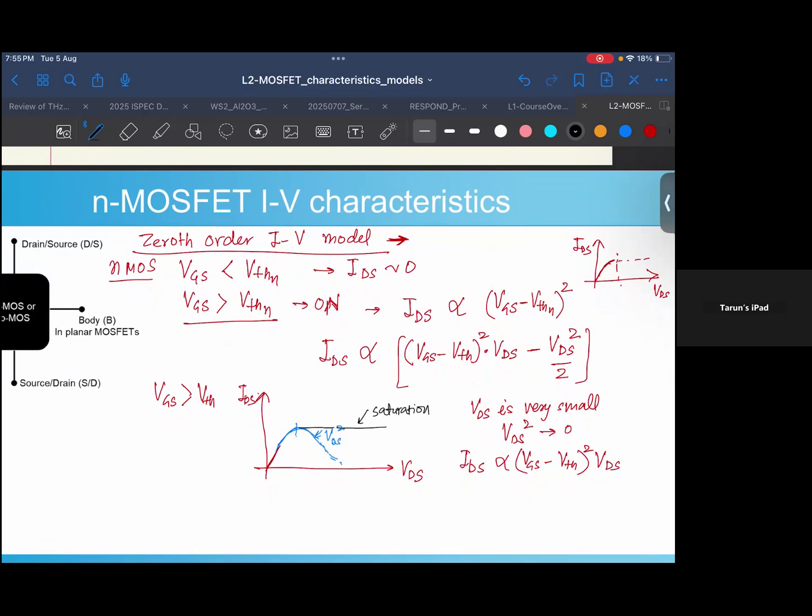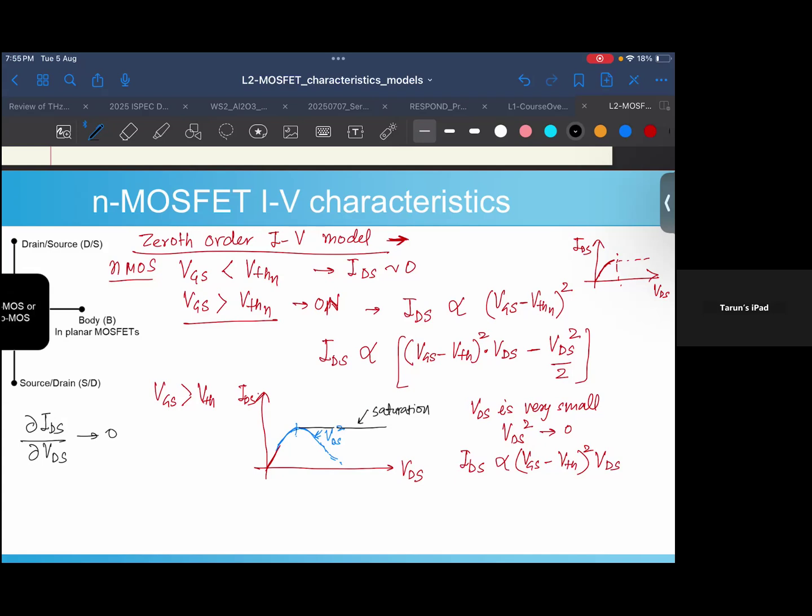If I want to calculate where this current saturates, the only thing I need to do is this. I know that at this point, wherever this maximum is, or where the slope changes, the slope of this equation becomes 0. So at that point, my del ID by del VDS becomes 0.